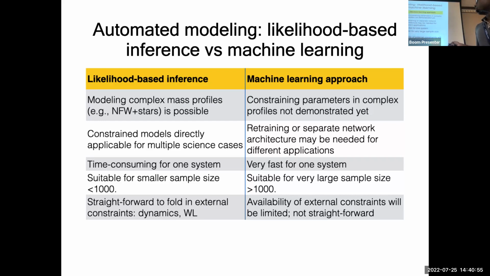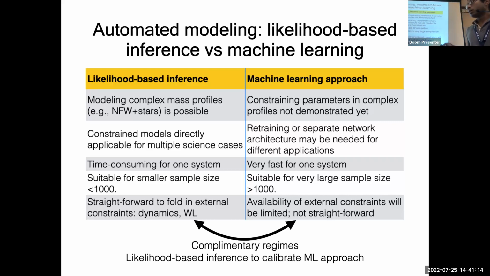And the machine learning approach is suitable for when we have a very large amount of data, and for this very large number of gravitational lens samples, most of them will be very average. So these two are complementary regimes.